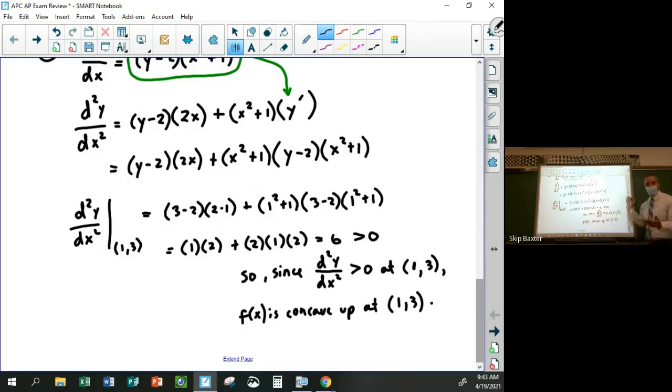And that's the complete explanation. Second derivative is positive, that means concave up. Everybody understand? This question was worth 3 points. 2 points for having the correct second derivative up to this point, and then 1 point for stating that it's concave up with a reason.